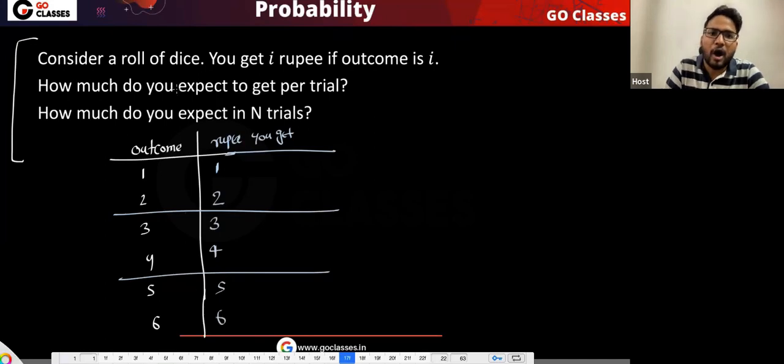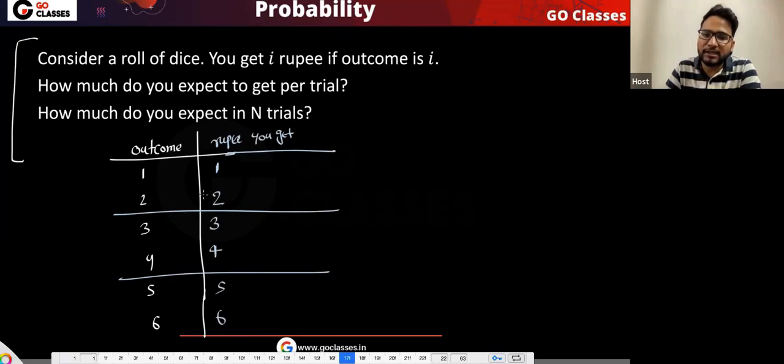How much do you expect to get per try? Which means if the outcome is 1, you might win 1 rupee. If the outcome is 2, you might win 2 rupees. How much do you expect on average for each try?